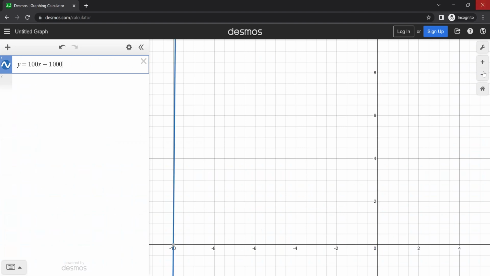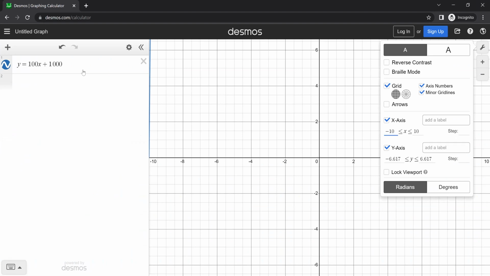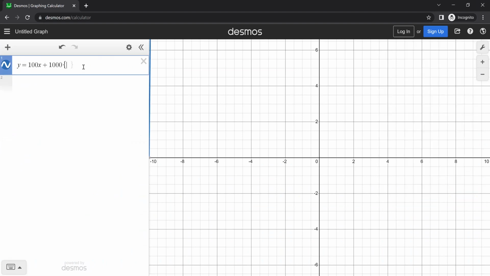My axes are very bad here, so let me make these better. When do you think they'll finally intersect? If you just had to guess, 10 years, 50 years, 100 years? 5 years. Okay.